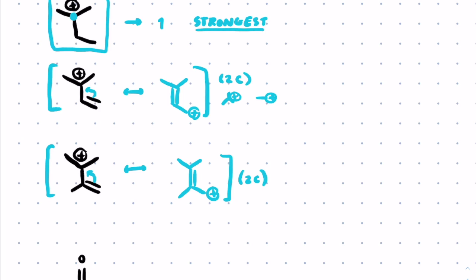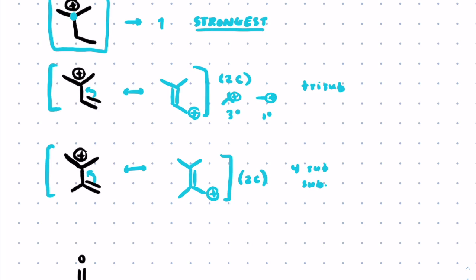So we've resonated between these two. But what we're going to see here is that the type of alkene is different. The alkene that's created here through resonance is a tri-substituted alkene. This alkene is a tetrasubstituted alkene.